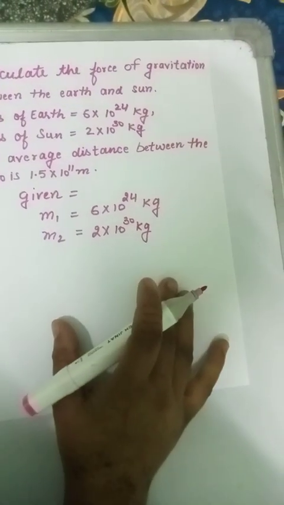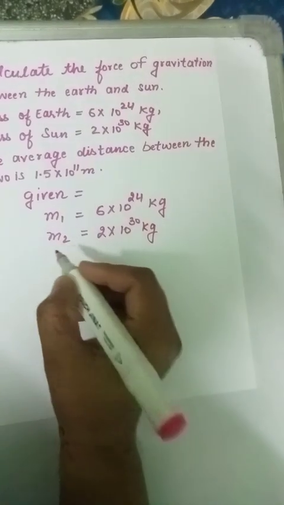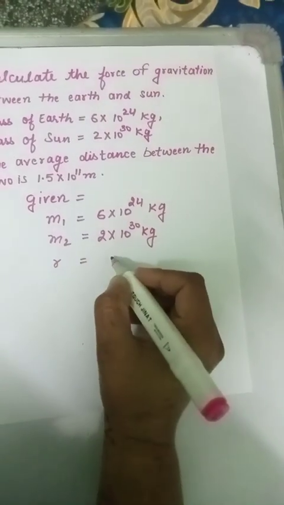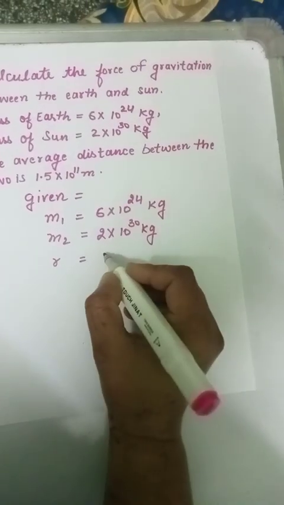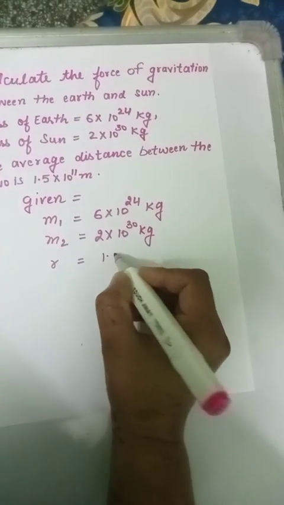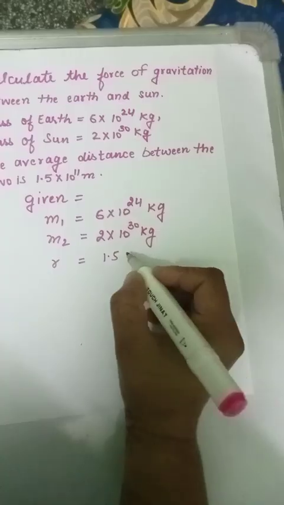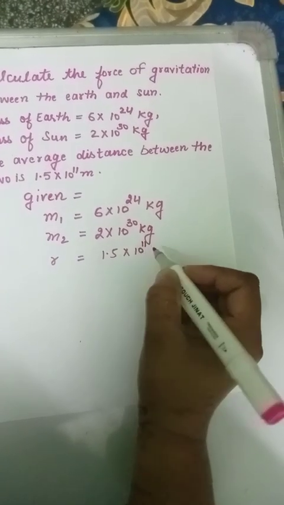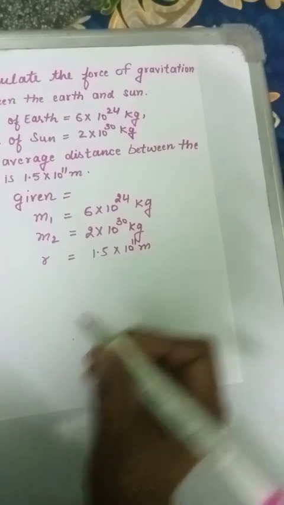Now the distance between the two is 1.5 into 10 raised to power 11. So r is the distance, that is 1.5 into 10 raised to power 11 meters.